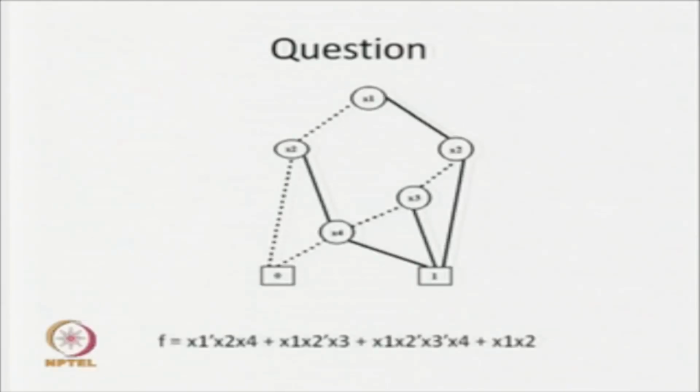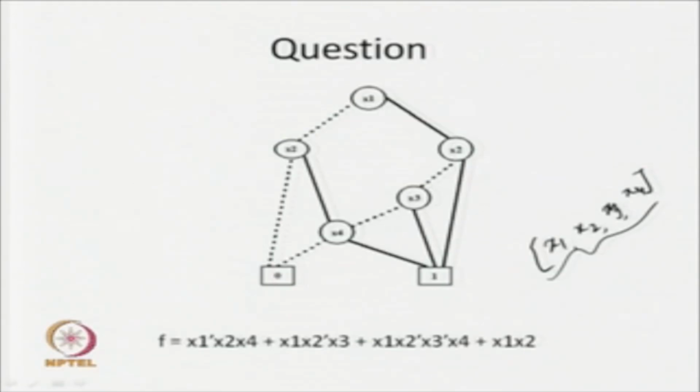So, this is the ROBDD for this given function, and the ordering that we are going to consider is x 1, x 2, x 3, x 4. By using the Shannon expansion, you can construct the OBDD and after that apply the reduce algorithm to get the ROBDD, and eventually you will get this particular structure. I am saying that with a given variable ordering we are going to get the unique representation. So, if this is your ordering, you are always going to get this structure.